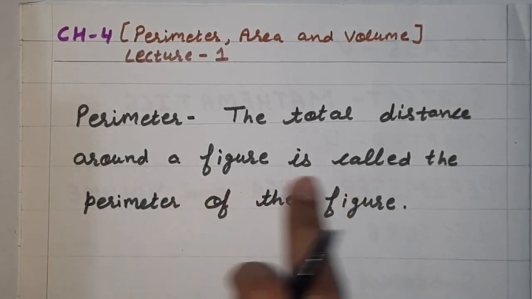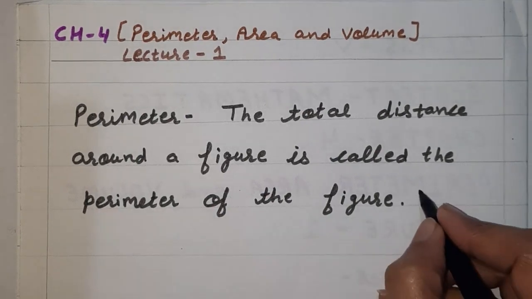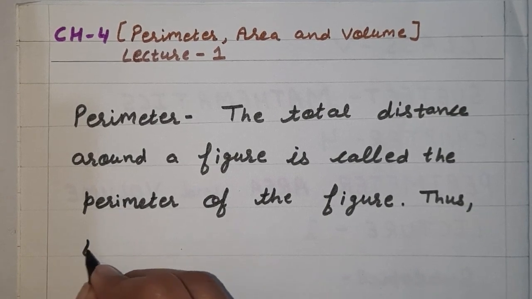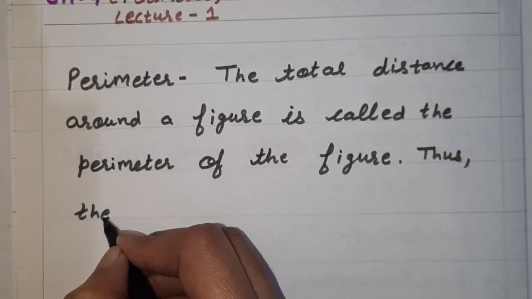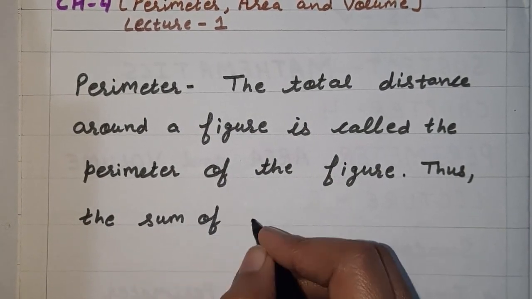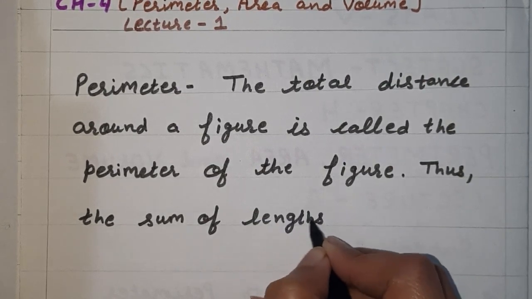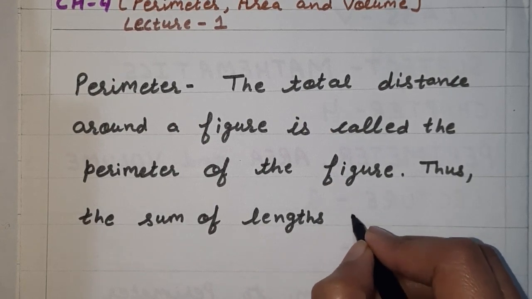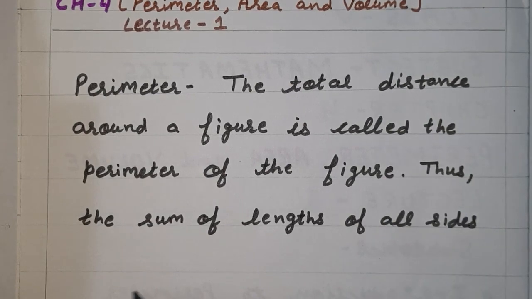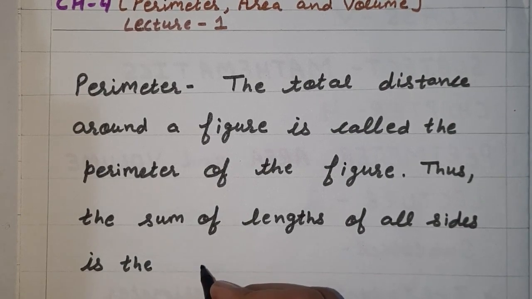The total distance around a figure is called the perimeter of the figure. Thus, the sum of lengths of all sides is the perimeter of the figure.